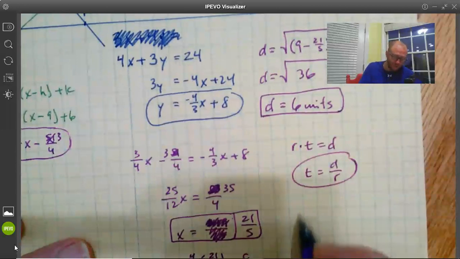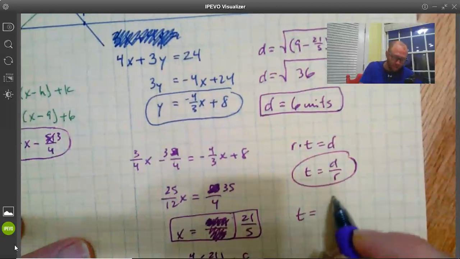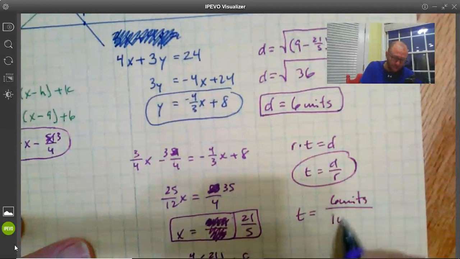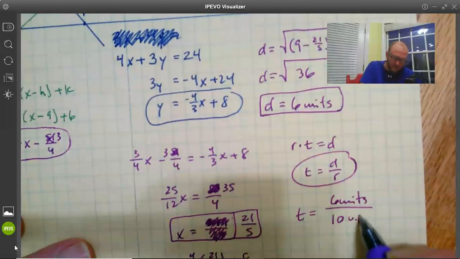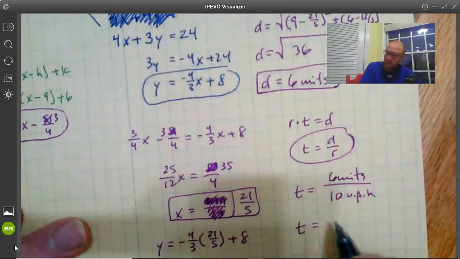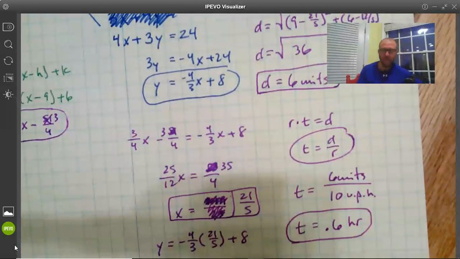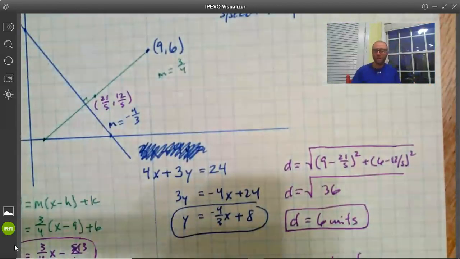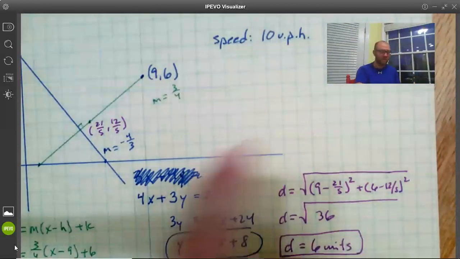So time equals 6 units divided by 10 units per hour, and so time equals 0.6 hours. Okay. So again, overall, what we had to do here is we got the point, we got the line, we have to find the distance to the line in order to figure out how much time it's going to take him at this given speed.